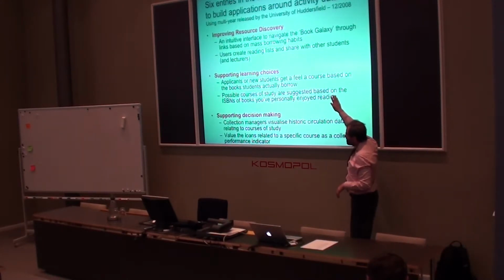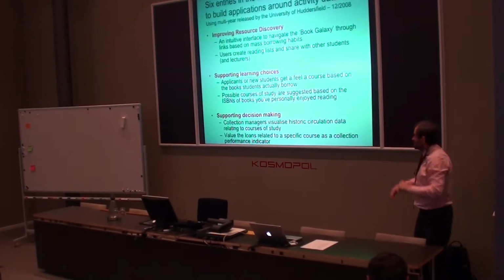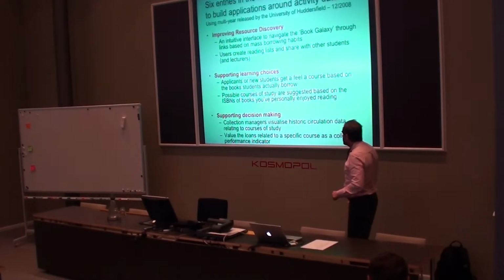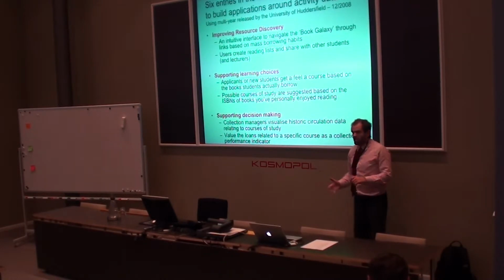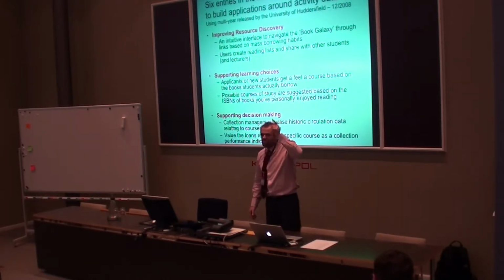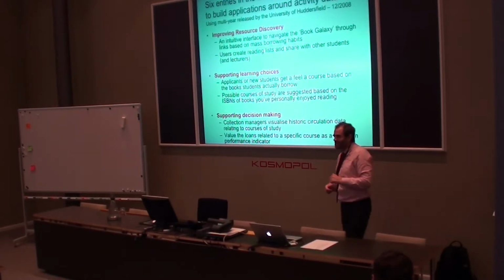Automated, rather, but could be mediated, part of the conversation of supporting learners to make choices, and then supporting decision making, supporting collection management, valuing the loans for a course. £10 million worth of loans from library stock on the bioscience course. We only spent £1 million.